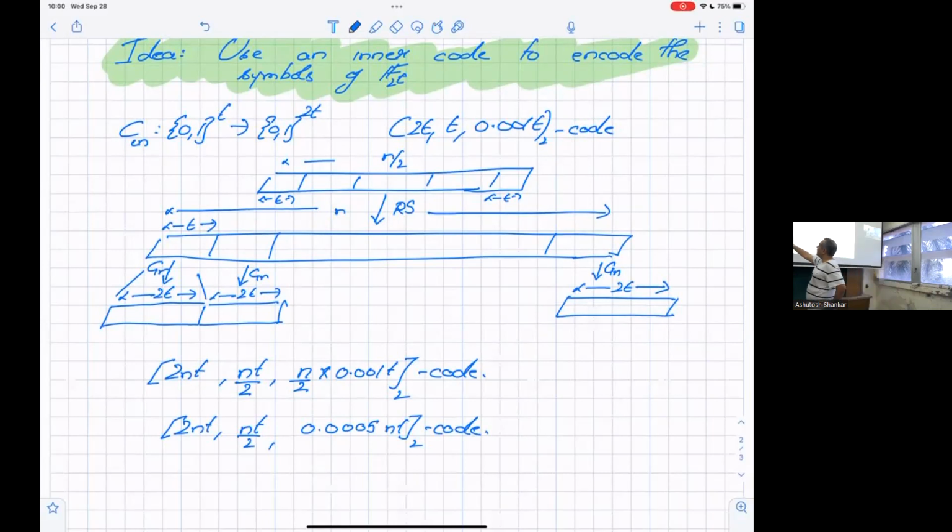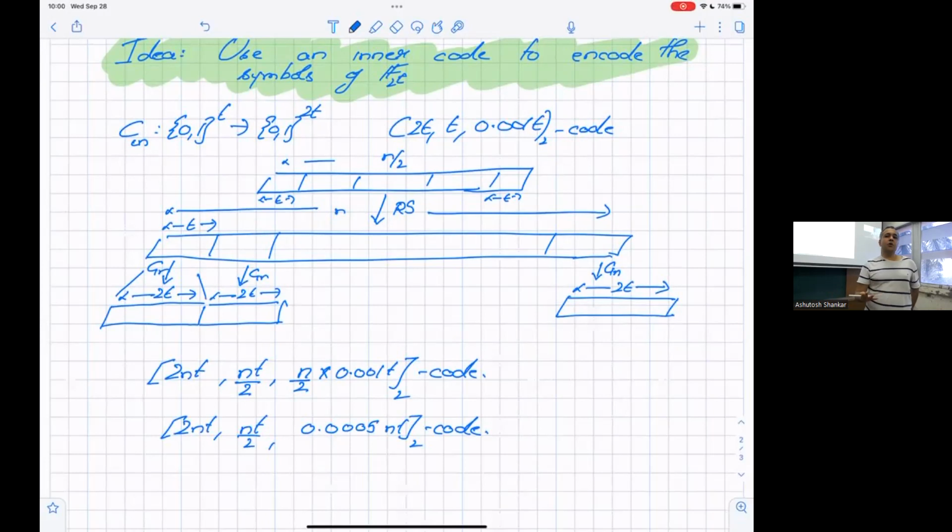The search is going to take time exponential in the block length, exponential in t. The focus is that t is much smaller, whereas you are allowed polynomial in n. If t were logarithmic, then in principle you should be able to search for this code and find it and then plug it into the function.